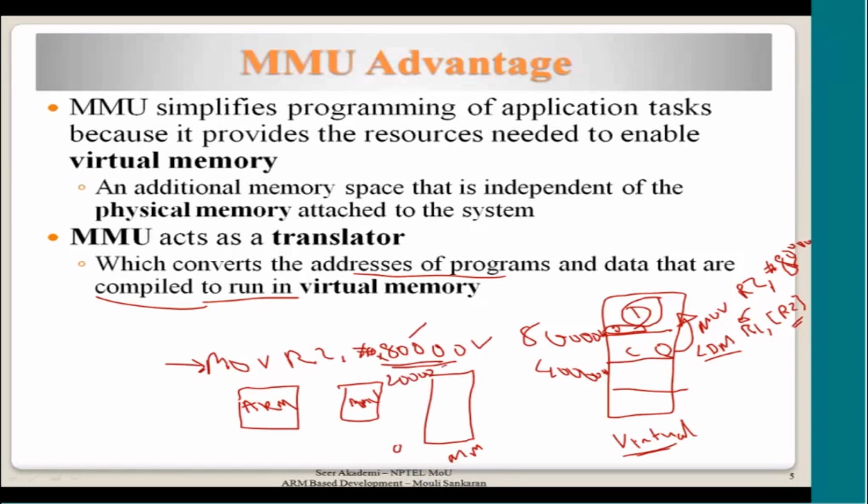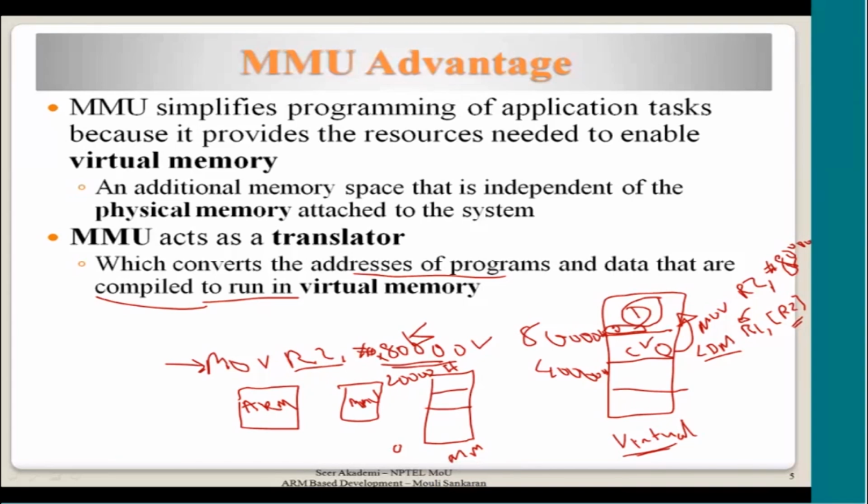So this is the memory we have, but our program is compiled and the executable is already made, assuming that the data is in this location. How can this program, assuming that this address is where the data is stored, run on this system which has memory only up to 20,000?